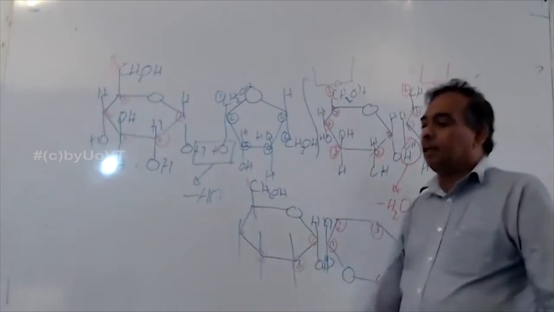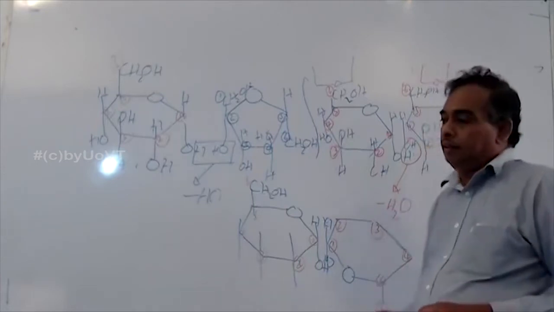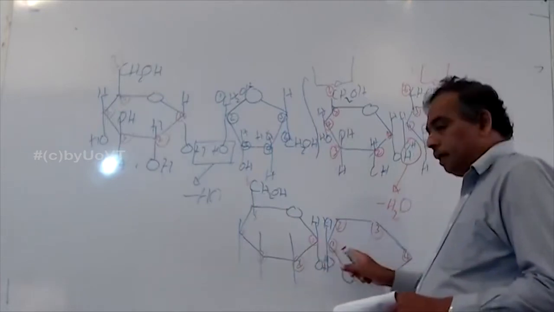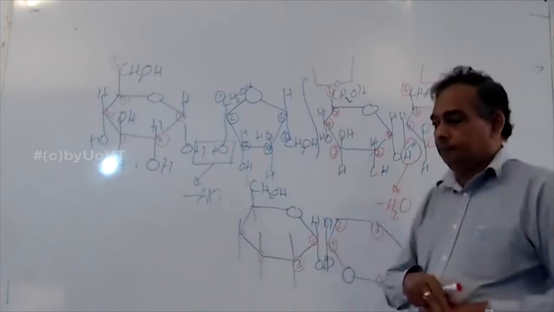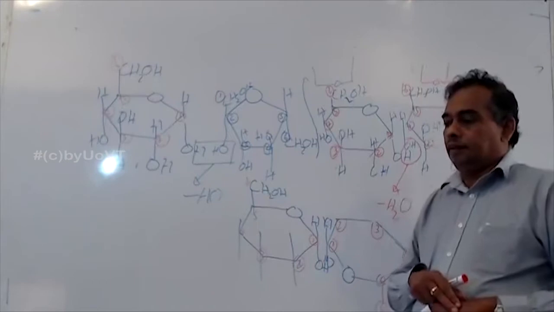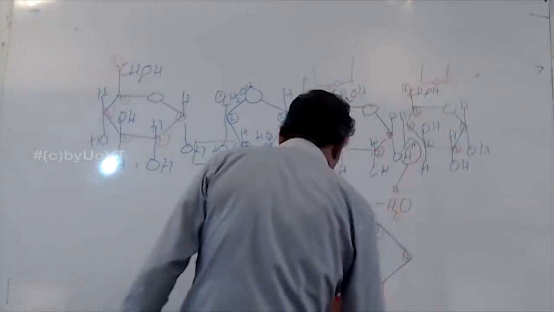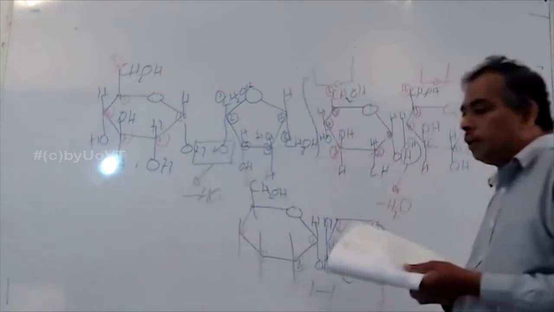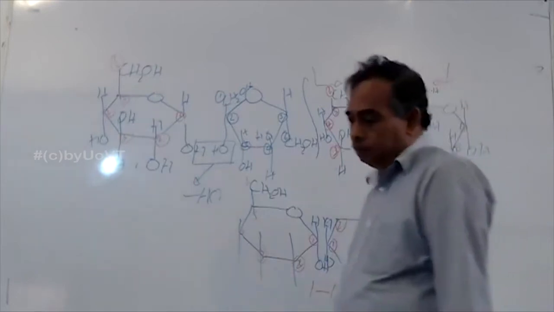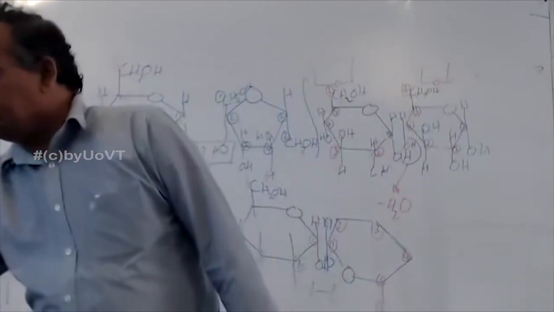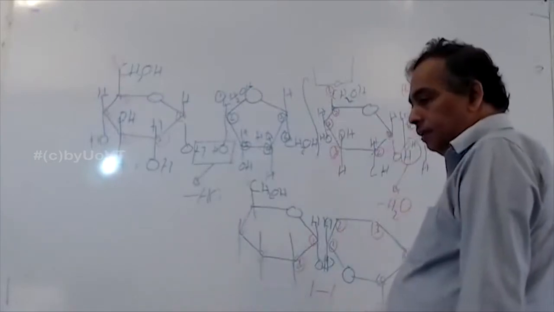Are there any free anomeric carbons? No more free anomeric carbons. Why? Both anomeric carbons engage within this glycosidic bond. If the bond is of the 1,1 type, no free anomeric carbon is available in the compound. Both are engaged. The linkage is 1,1.